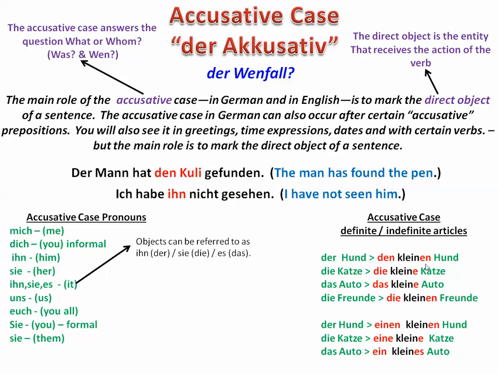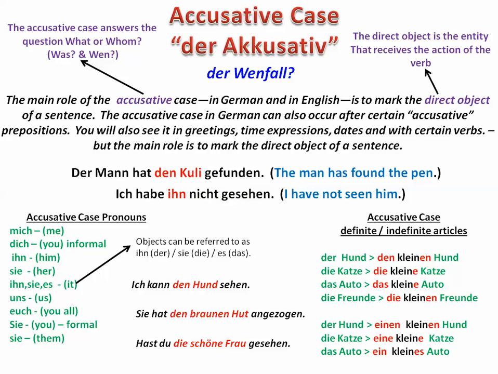So den kleinen Hund. And if it's an indefinite article, then it'd be einen kleinen, whereas these are the same as they were in the nominative. So some examples. Ich kann den Hund sehen, sie hat den braunen Hut angezogen, hast du die schöne Frau gesehen?